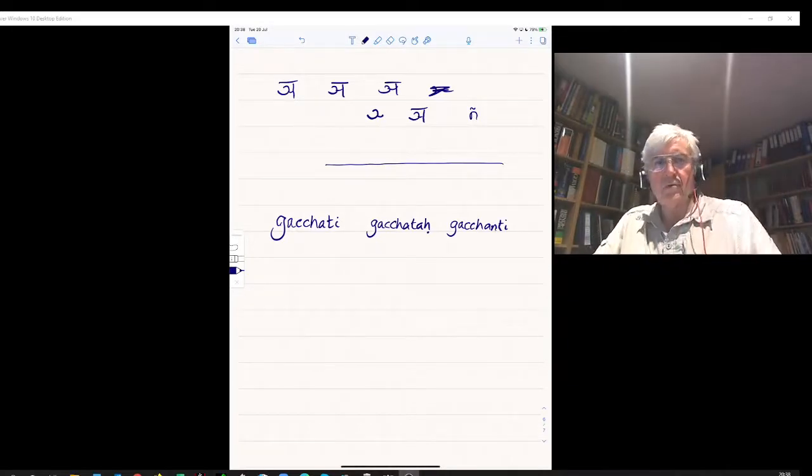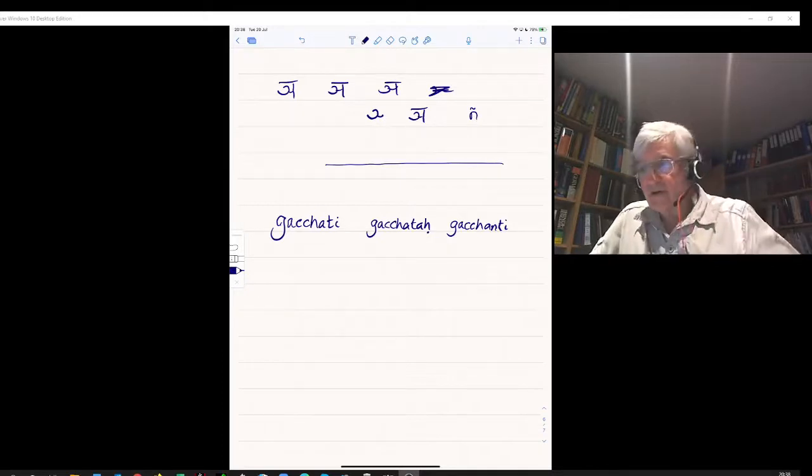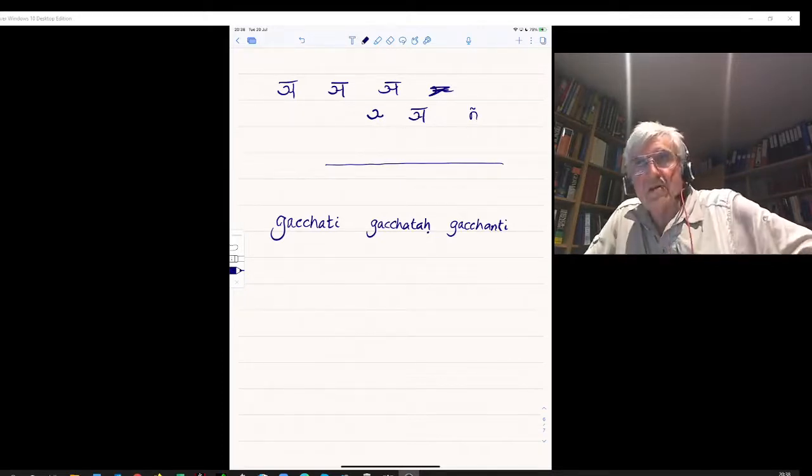Now, for those of you who know Latin, and indeed French, this NT together, which is characteristic of the they, what we call the third person plural, you have that same NT together in Latin and in French written, but mostly not pronounced as if it's an ENT.